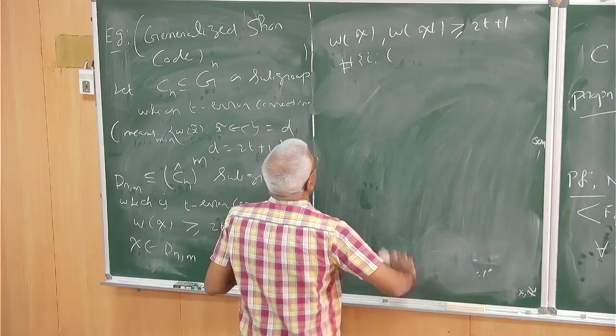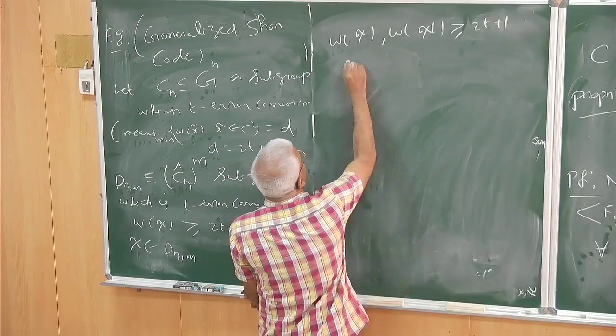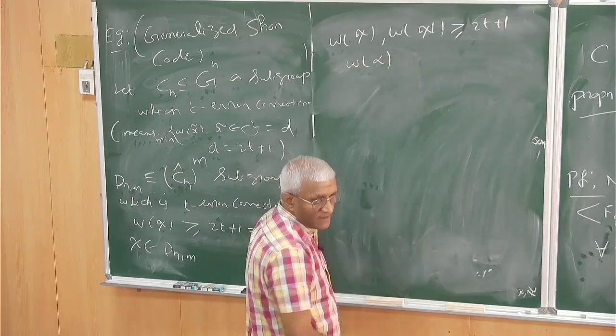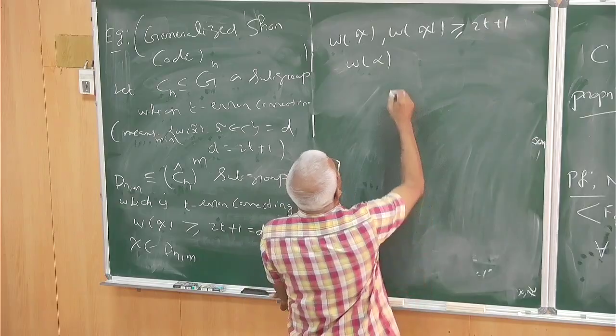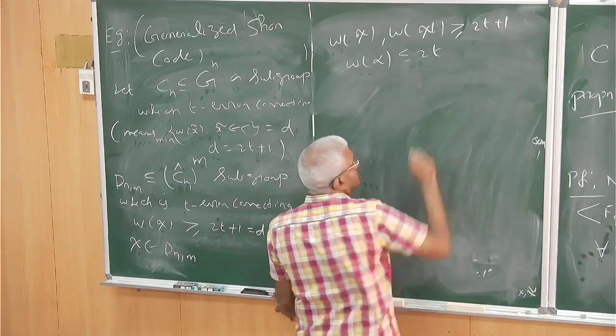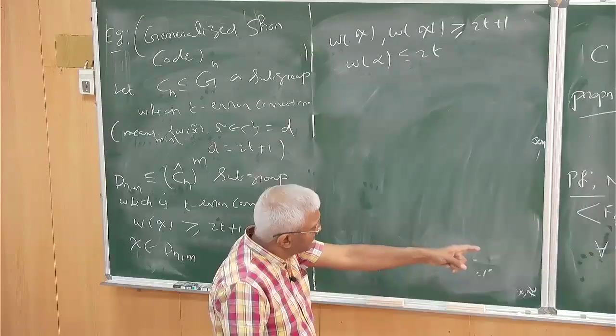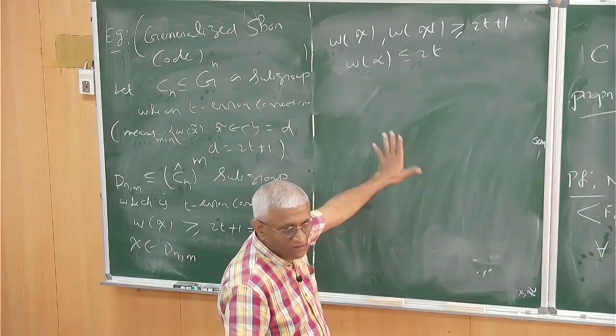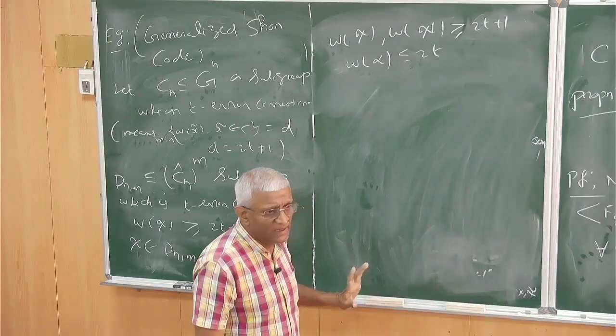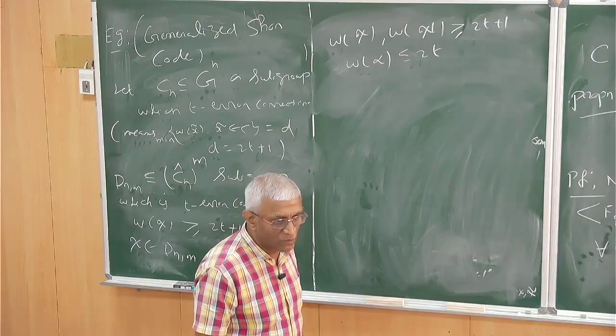That is also a weight function, and the weight of alpha is less than or equal to 2t. This is the weight function.